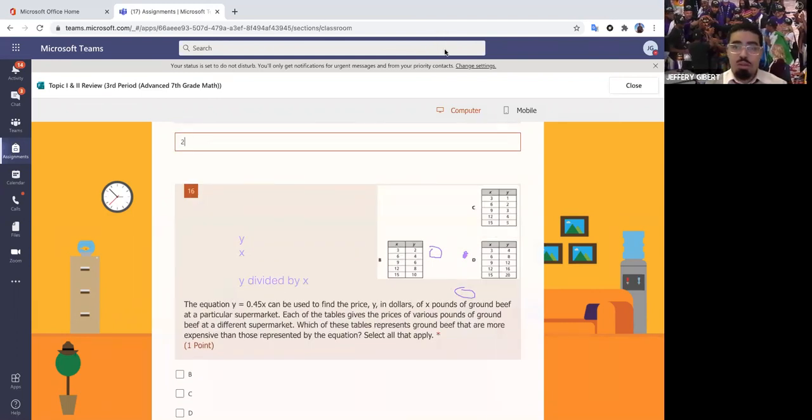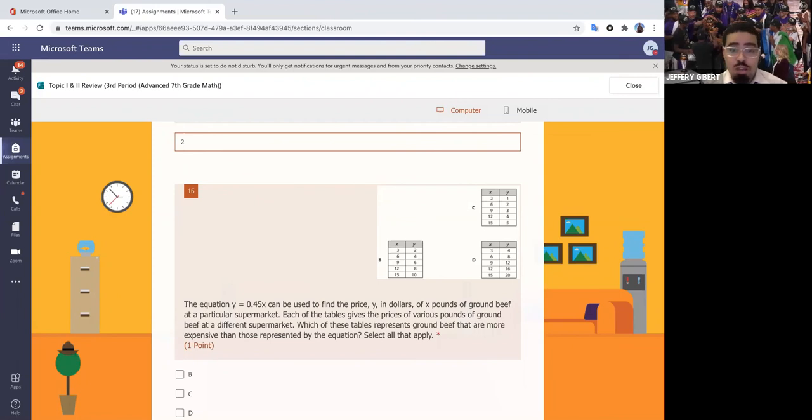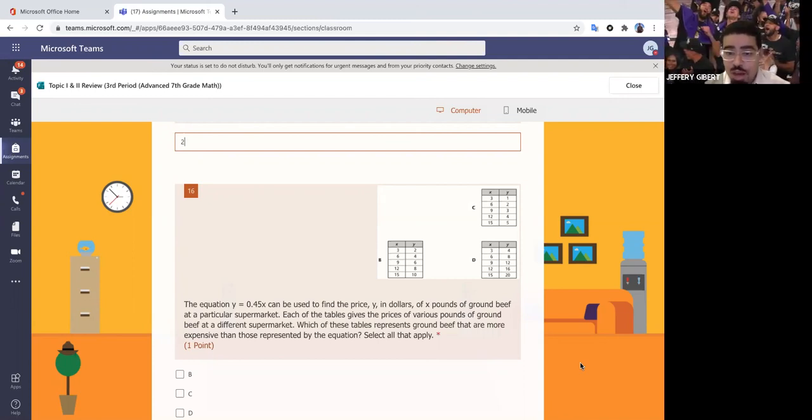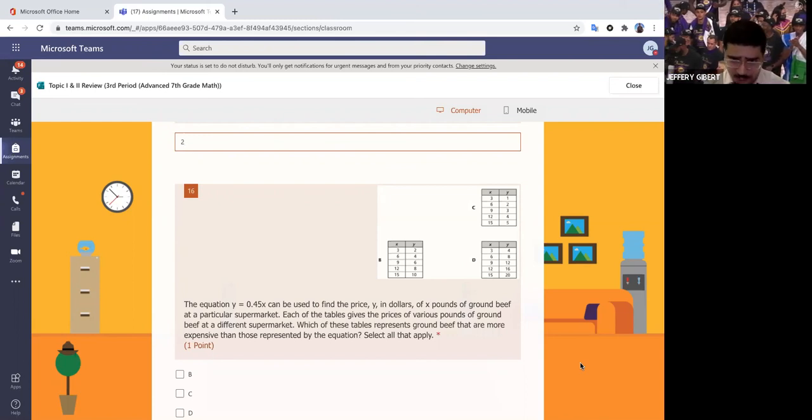All right, on this one, because we have 9 minutes left, I'm trying to get through this. The equation y equals 0.45x can be used to find the price y in dollars of x pounds of ground beef at a particular supermarket. Each of the tables gives the prices of various pounds of ground beef at a different supermarket.